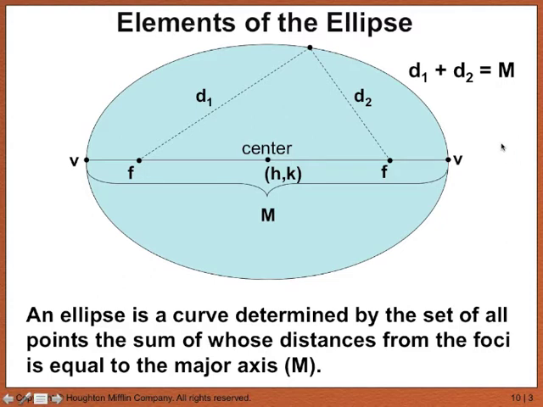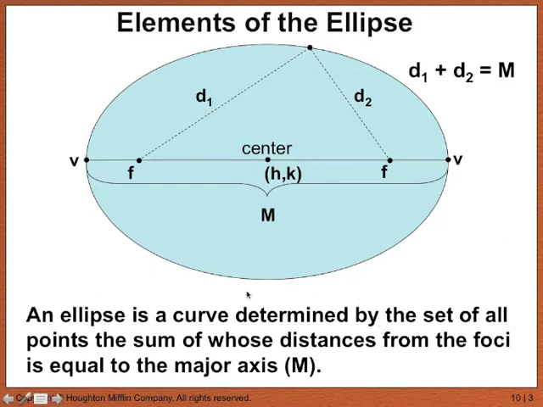Today we're going to do something a little bit different, where we have a distance, d1, from one focus to a point, and a distance d2 from another focus to a point. And d1 plus d2 equals a constant, m, the major axis. To read that definition: an ellipse is a curve determined by the set of all points, the sum of whose distances from the foci is equal to the major axis.